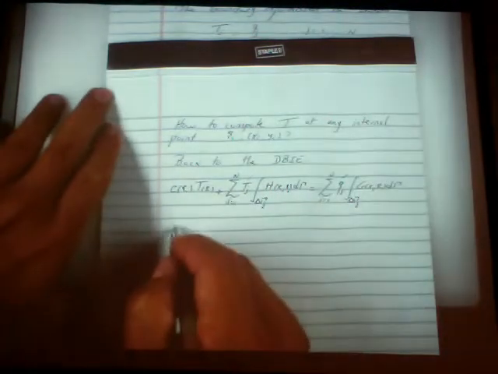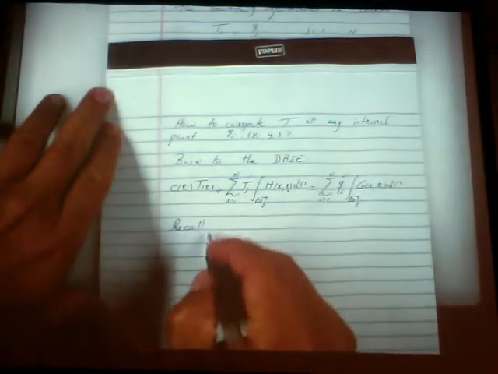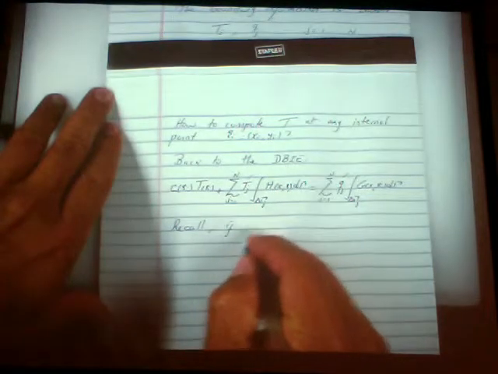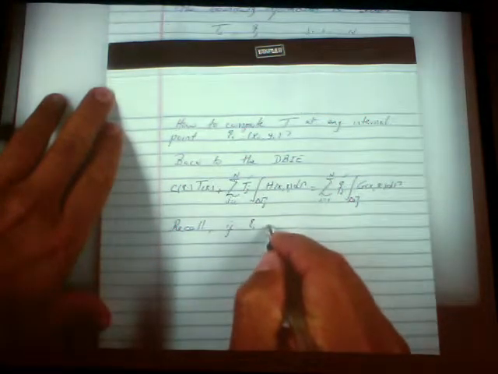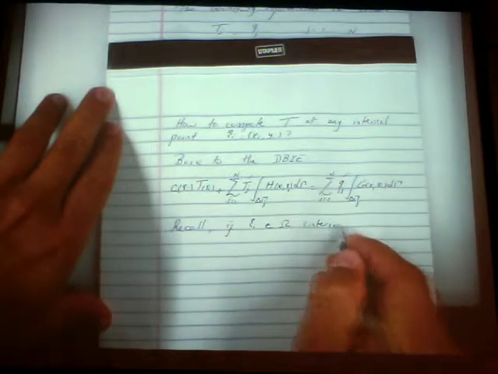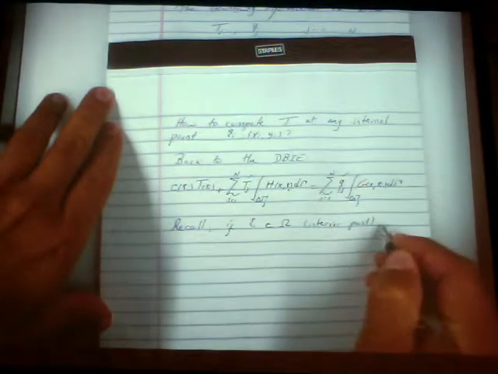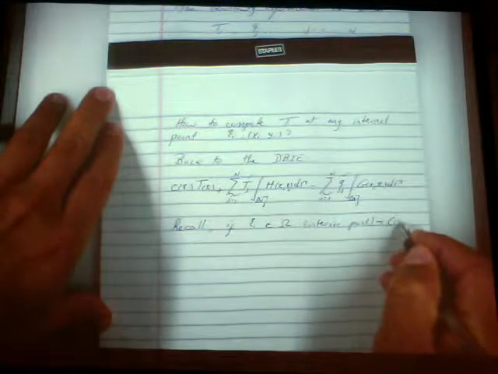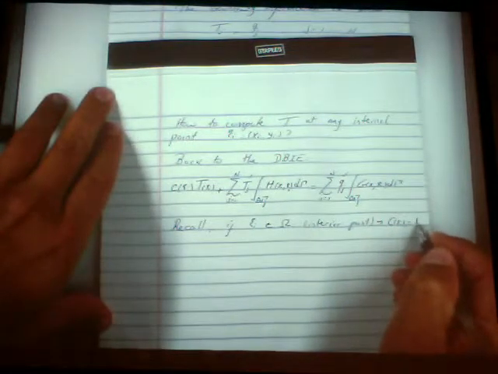So this is pretty straightforward because all we need to do is recall that if psi I belongs to omega, is an interior point, then c(psi I) is equal to 1.